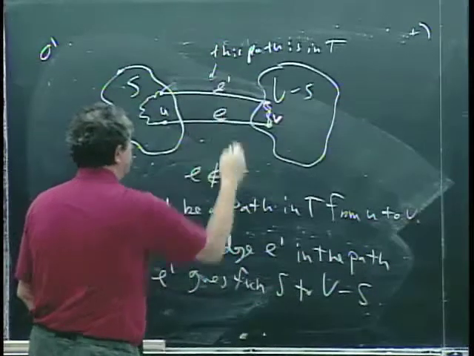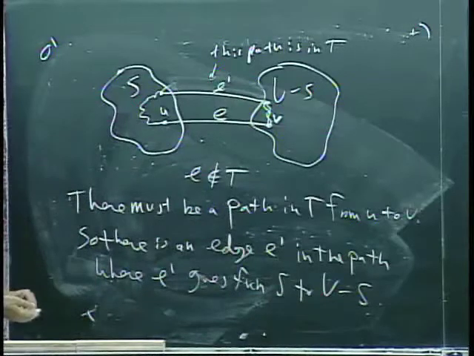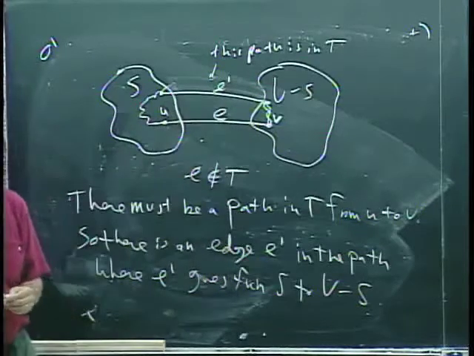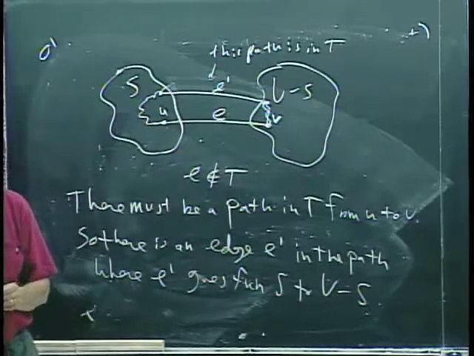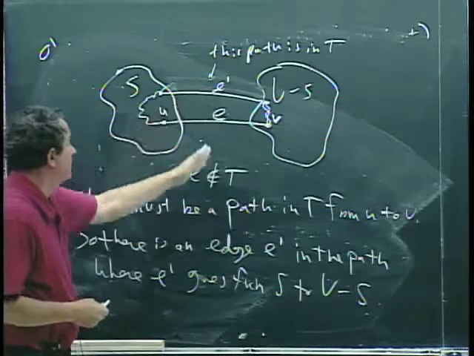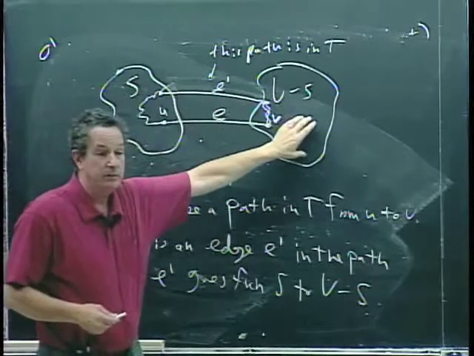This is E prime. So we have that picture. Okay? Now, what do we know about the weight of E compared to E prime? Yeah, because these are two edges that cross from a subset S to a subset V minus S.